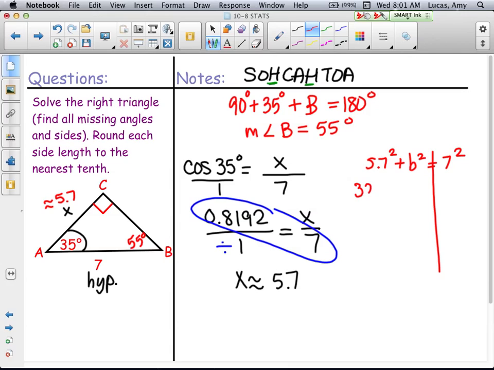So 32.49 plus b squared equals 49. So subtract that 32.49.